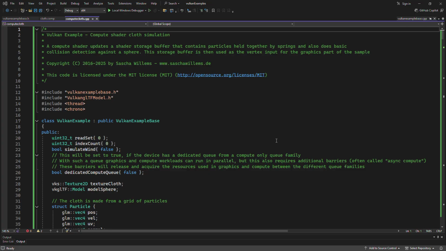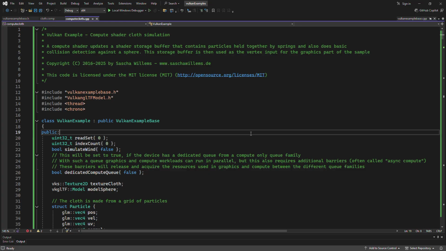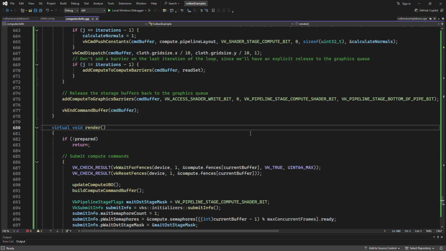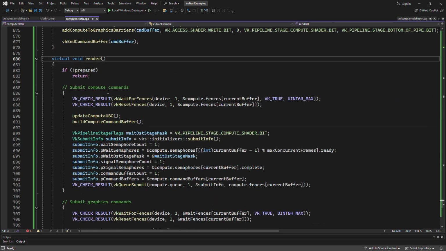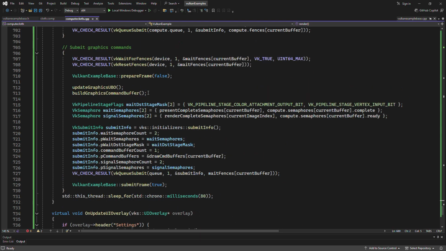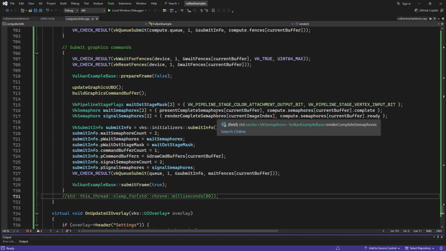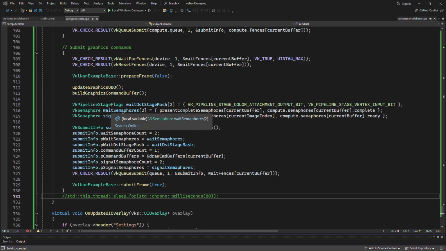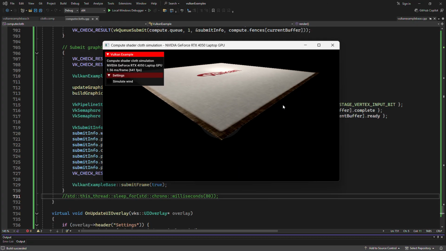So we're still on the render function, which is rendering things to the screen. And basically, when we run the application, we have a canvas that falls onto a sphere, right?